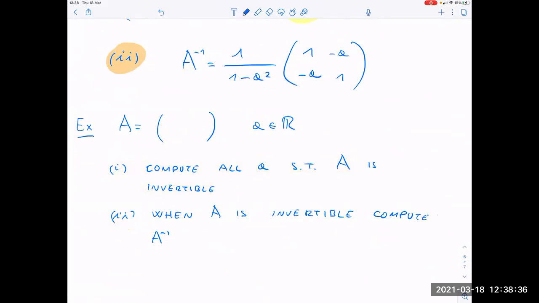So I make it something like 1, A, and then we have something like A square, A square. So let's see what are the values of A for which this is invertible. And for those values of A, let's compute the inverse. Let's see what you can do.